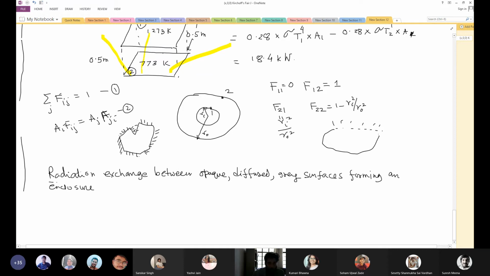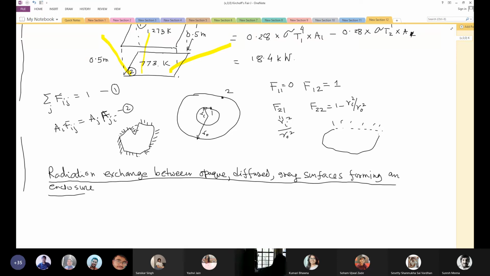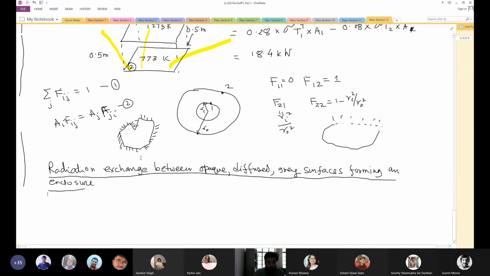So now we are looking at radiation exchange between opaque, diffuse, gray surfaces forming an enclosure. Our goal is to find the net amount of energy received by a surface that is releasing this much and receiving this much. So let us denote: we have such an enclosure with n number of surfaces, and we are talking about the ith surface.